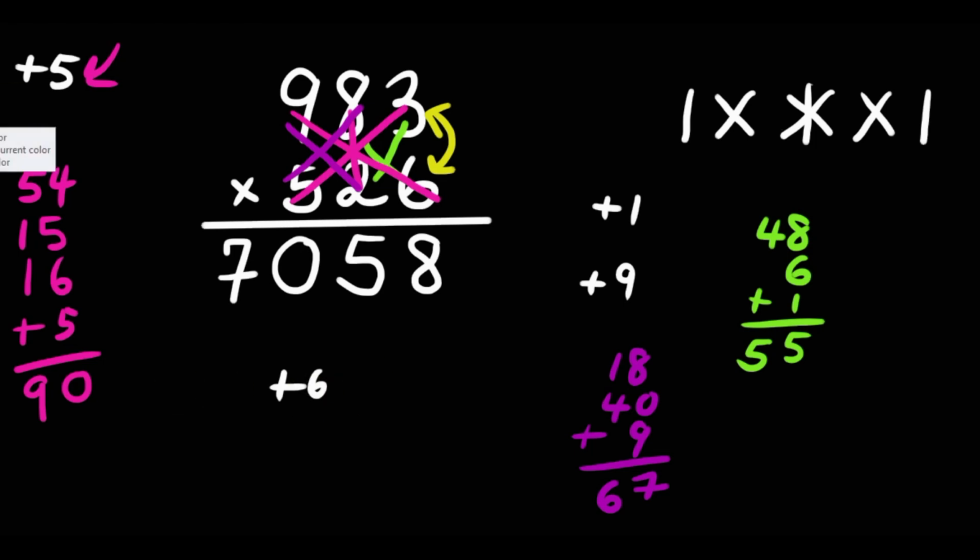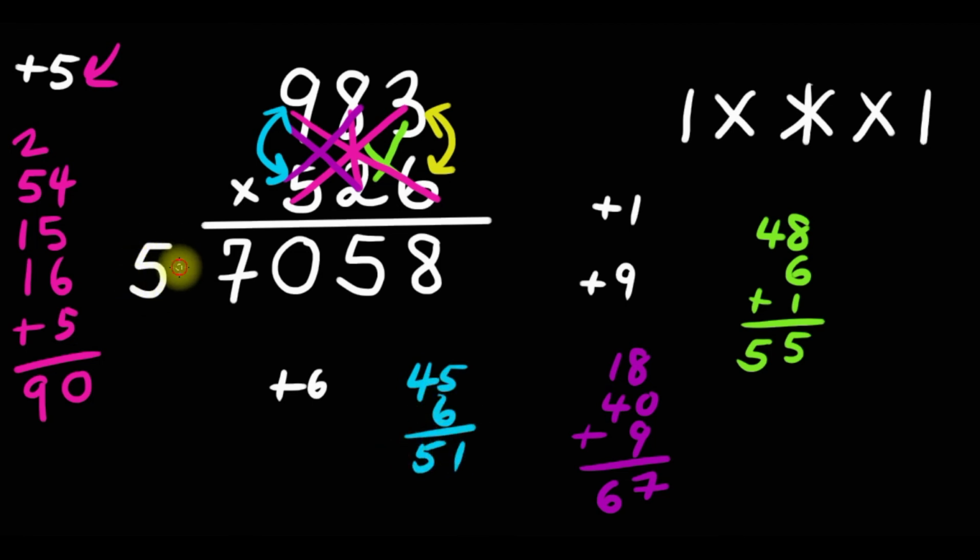Okay, so 9 times 5 is going to give you 45. And then 45 plus 6 is going to give you 51. The final numbers here is going to be 51. Okay, so when you take 983 times 526, okay, using this strategy, you're going to get 517,058.